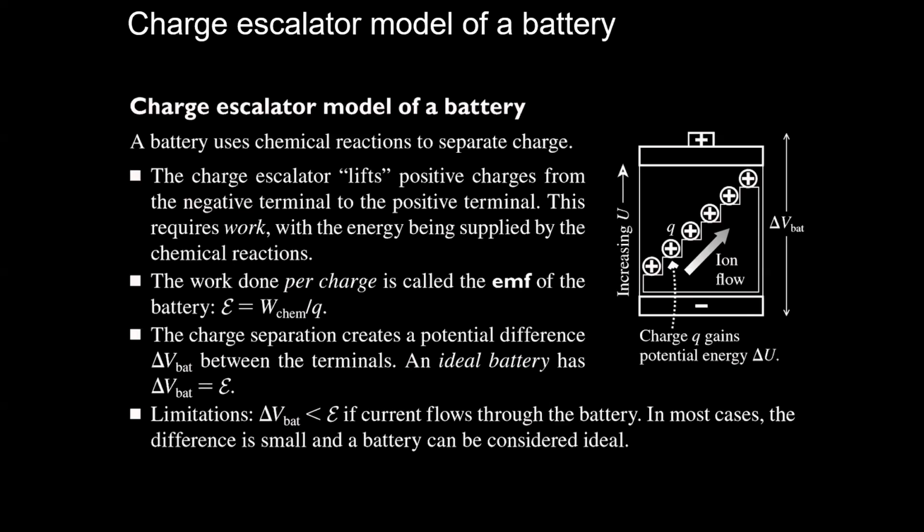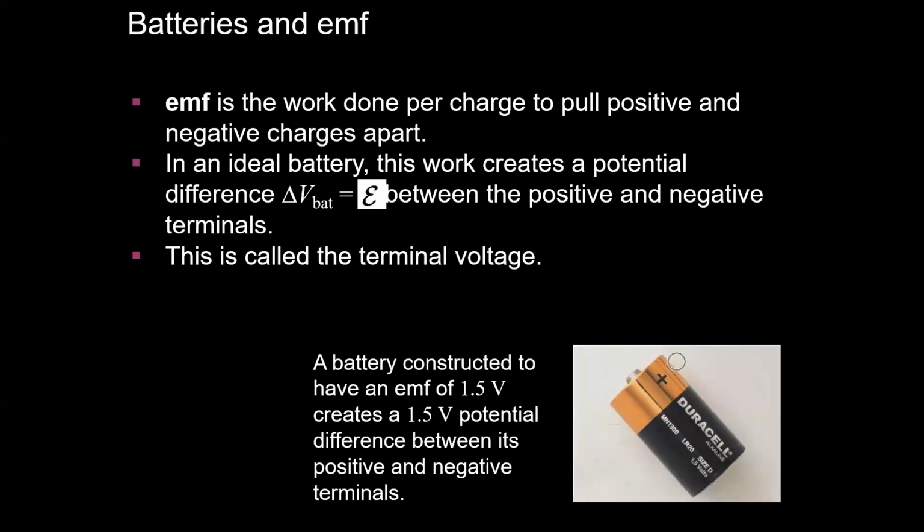In these reactions, one of the atoms loses electrons, and that causes the other atom to gain electrons, in more complicated terms. And that's how you're able to create a separation of electric charge. So these chemical reactions are the source of it. We don't go through the details of how these things work, but it's kind of interesting.